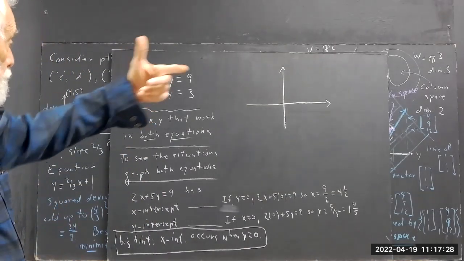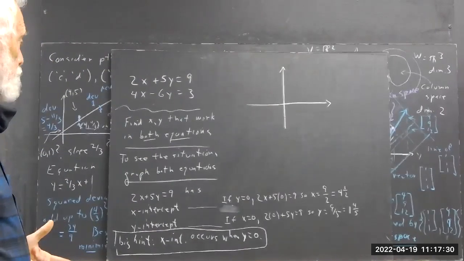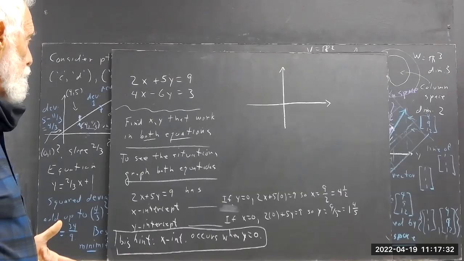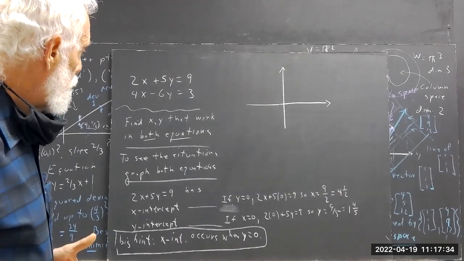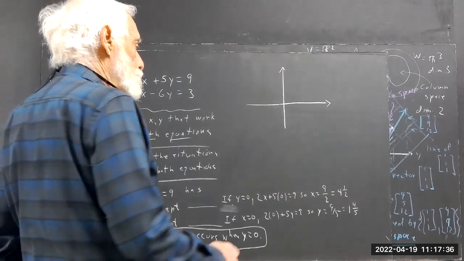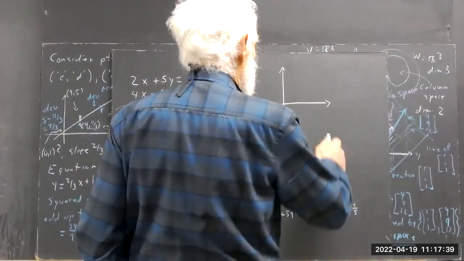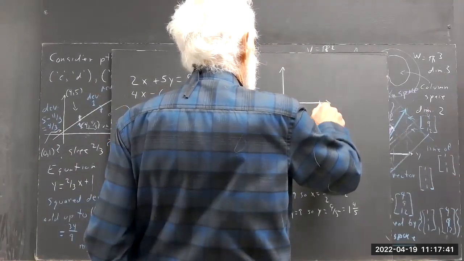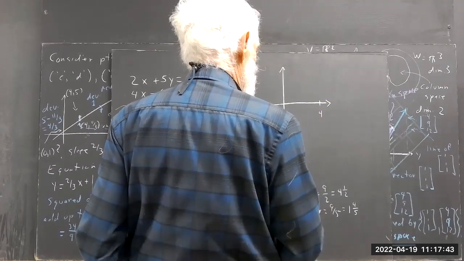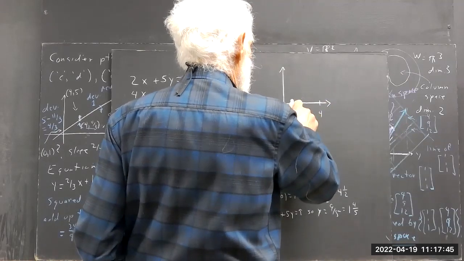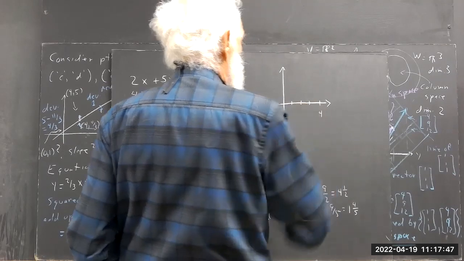I can plot those on the graph, but I want to anticipate that. I think all my intercepts are less than 2, except this one, which is like 4. So I'm going to put 4 out here so that 2 will go here, 1 will go here, 3 will go here.